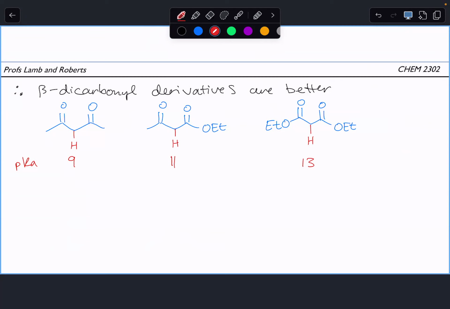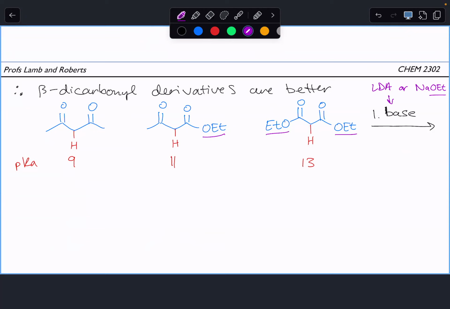So that means it's going to be easier to deprotonate, right? So when we do this reaction, in our first step, when we use a base, we can use LDA if we want, but because these are more acidic, we could also use a slightly weaker base like sodium ethoxide, where again, we want our alkoxide to match our ester so we don't get mixtures.